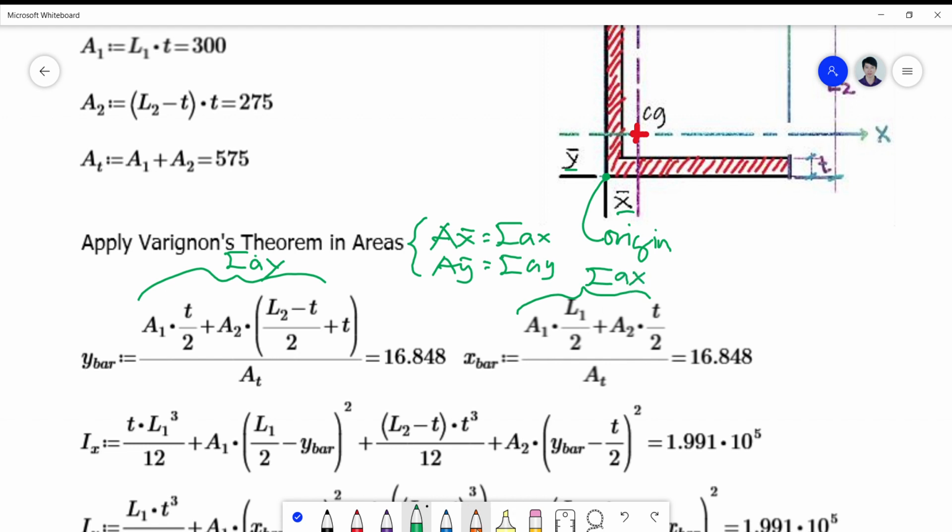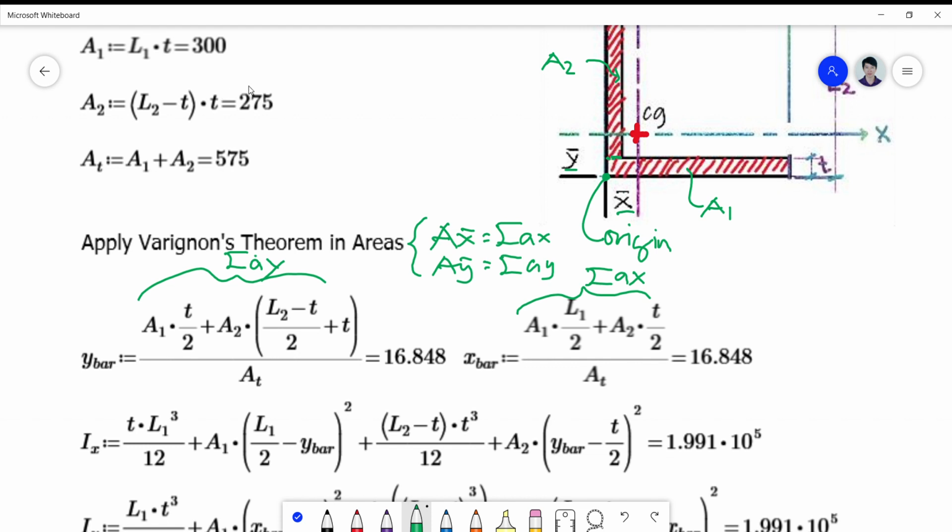Taking a look at how the elements are defined, I just cut this into two areas. So this is now my first area 1, and this is my second area 2. So I have now two elements.